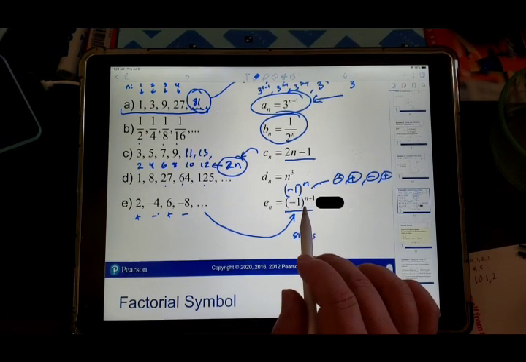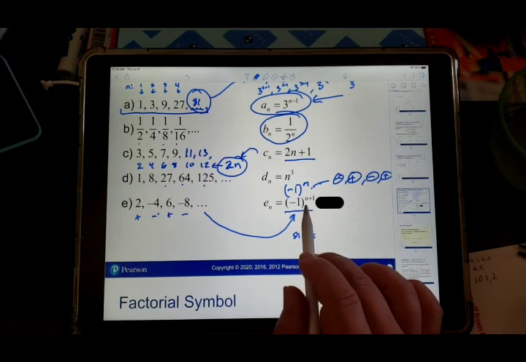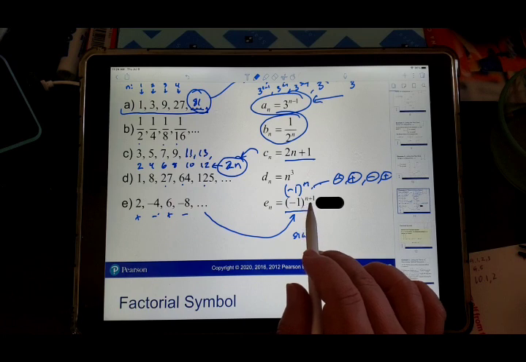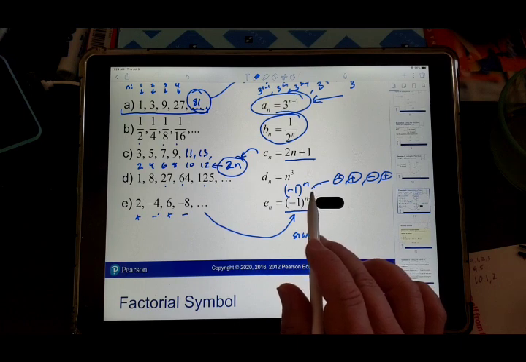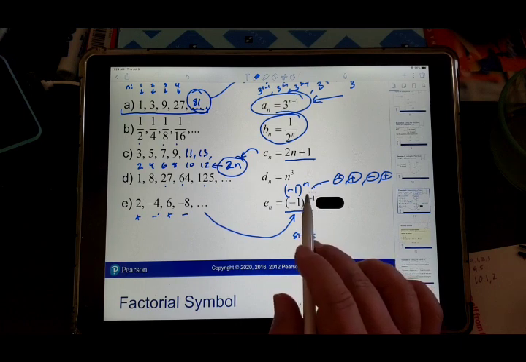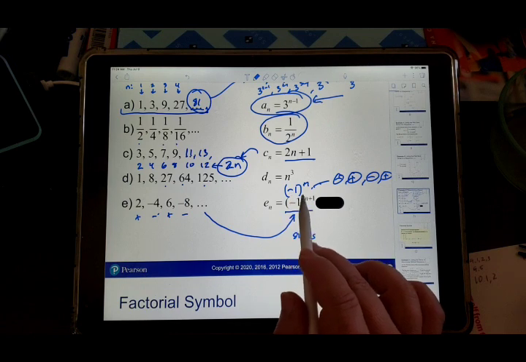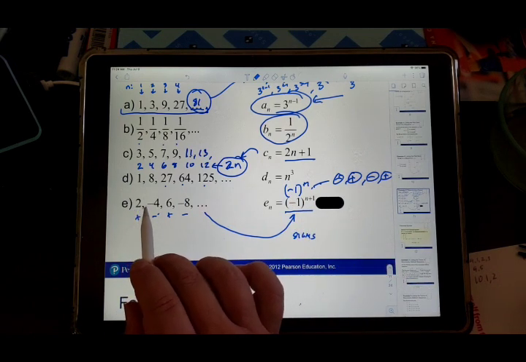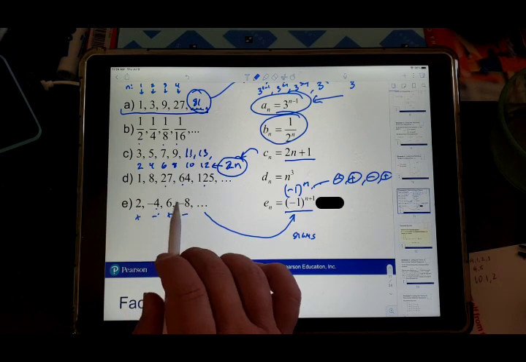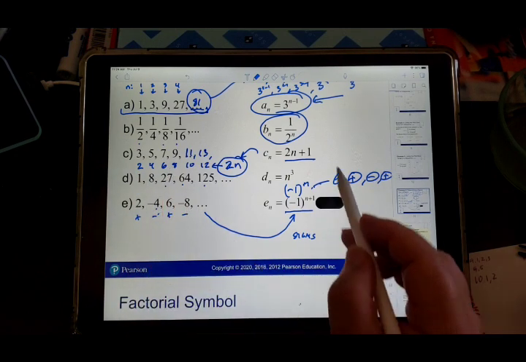Also, don't try a different pattern like n minus 1 or n plus 7 or whatever. I mean, there are other things that might work, but the only two we use just by agreement are minus 1 to the n and minus 1 to the n plus 1. All right. Still need to figure out the pattern, but we already know this one. 2, 4, 6, 8.